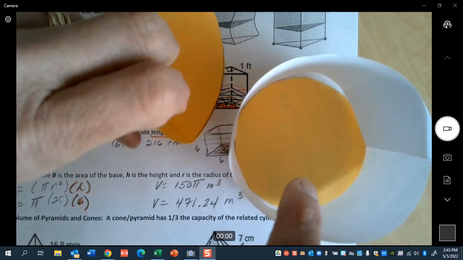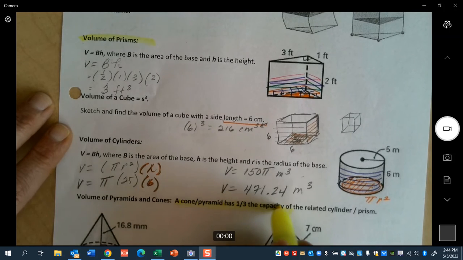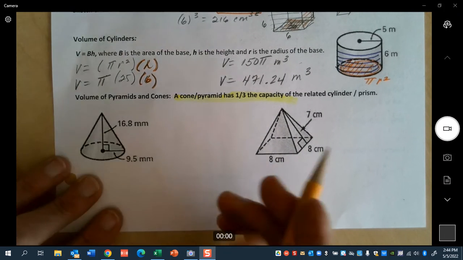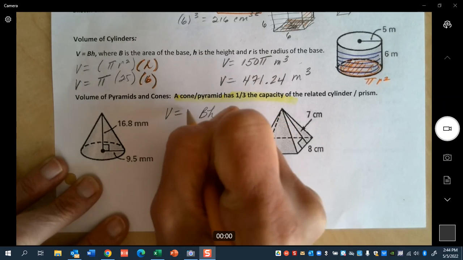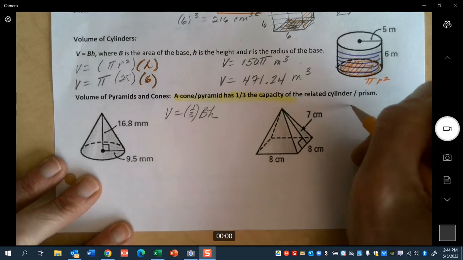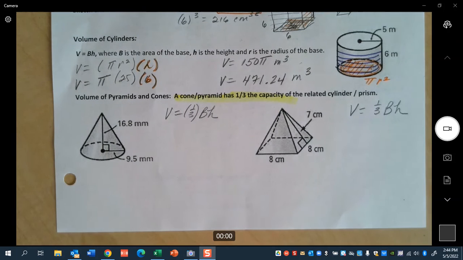So when we go to figure out the area of the base times the height, what we need to do is take that final calculation and divide it by 3, because that cone and that pyramid have 1/3 of the capacity of that related cylinder. So if my volume is equal to area of the base times the height, I'm going to take 1/3 of it. My volume is equal to 1/3 my area of the base times my height.